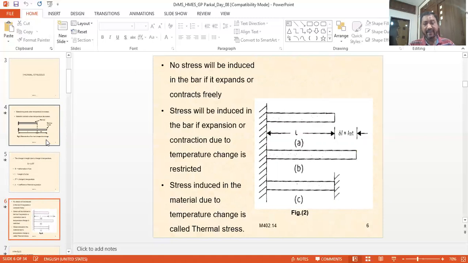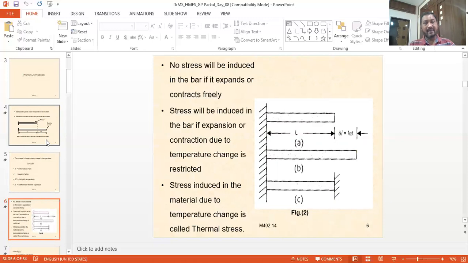When that free expansion or contraction is avoided or restricted, then the amount of delta L that would have been produced if it were freely allowed to expand or contract will be restricted.